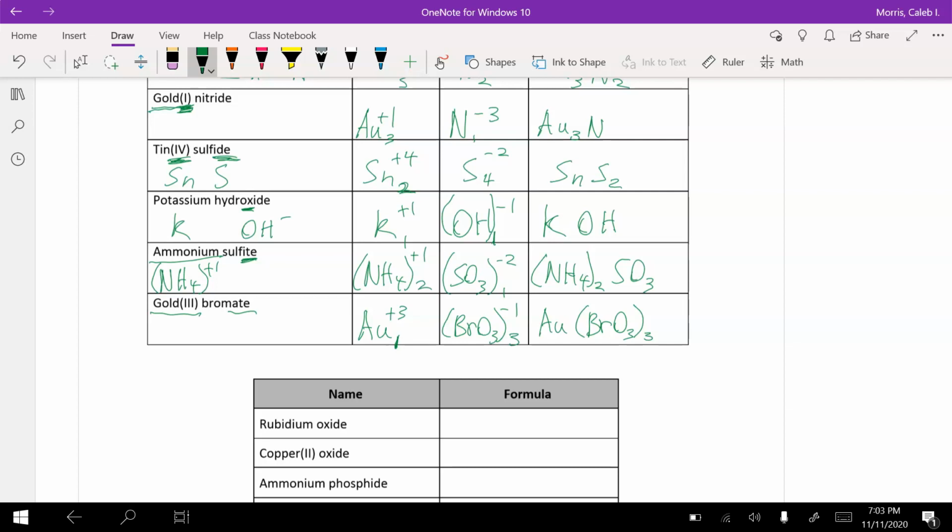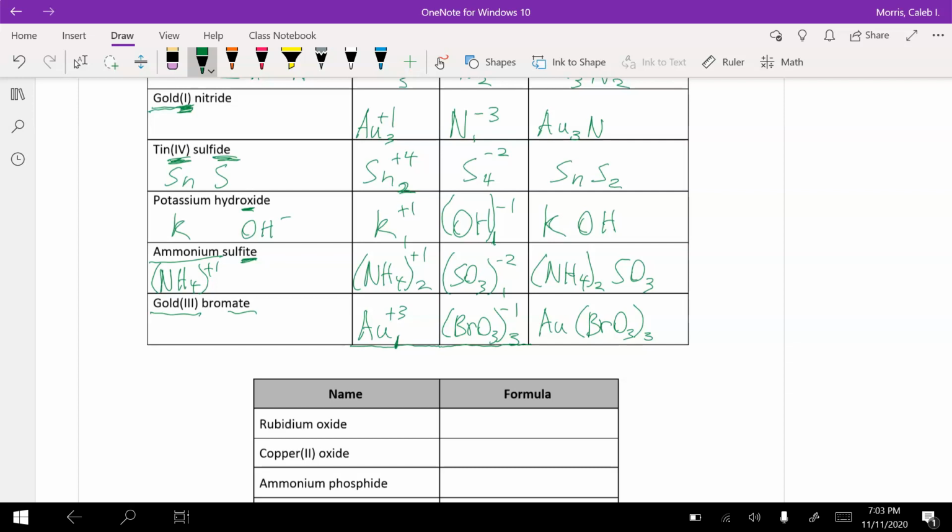If I have 3 atoms of a -1 charge, that's an overall charge of -3. I'm looking at gold 3 bromate as our example. So if I have a positive 3 and a -3 and you add them together, you get 0. So when you do the crisscross, it makes that happen.